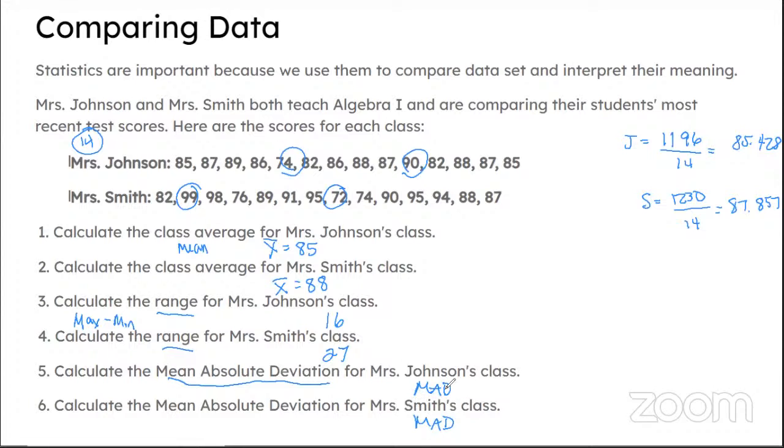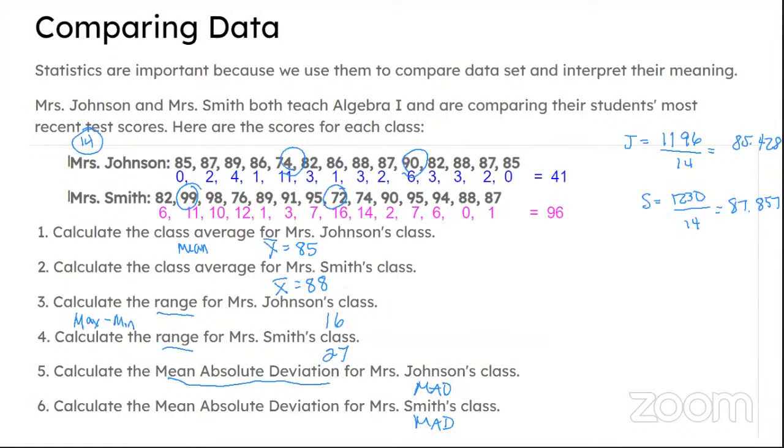And then the mean absolute deviation, I actually went ahead and subtracted the mean from each piece of data here. And I have Miss Johnson's absolute deviation in blue and Miss Smith's absolute deviation in purple. And I've even gone ahead and added them up for us. So all we have left to do is to divide these.